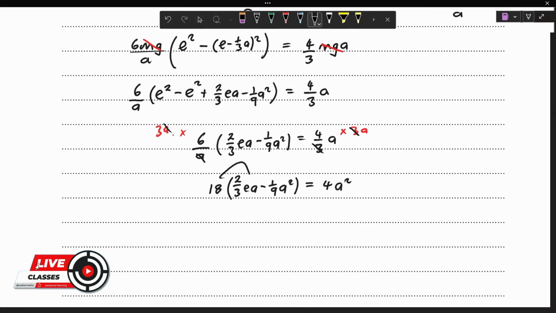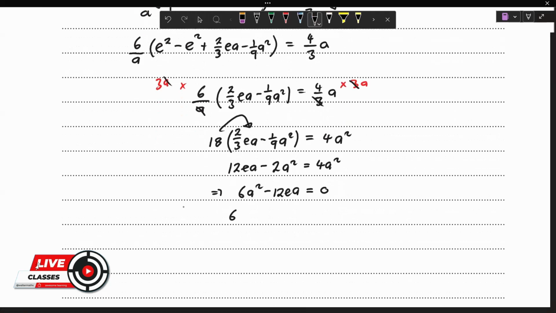Let's multiply 18 into the bracket. We will get 12EA minus 2A squared is equal to 4A squared. So this is the same as 6A squared minus 12EA equal to 0. We can factor out 6A, so we have A minus 2E equal to 0.